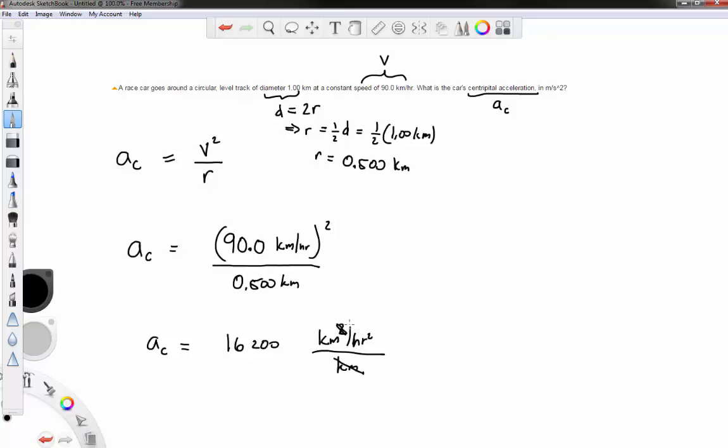So the problem is that it wants it in meters per second squared. So if we want to put it in meters per second squared, we're going to have to do a unit conversion. So the unit conversion process basically says that the centripetal acceleration is 16,200. I'm going to go ahead and just put the kilometers here, and I'm going to put per hour squared.